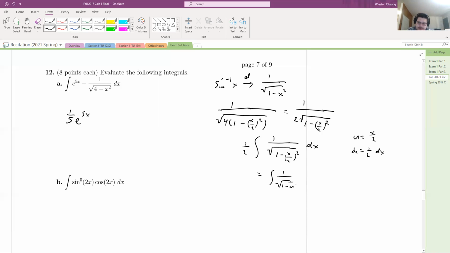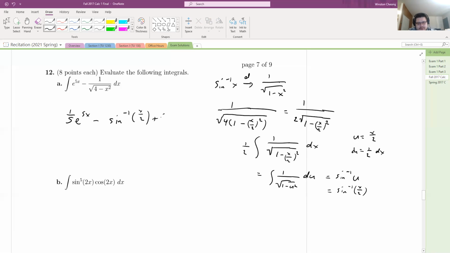Performing the substitution, I'm going to end up with this. And so now we know that this is inverse sine of u, which is equal to inverse sine of x over 2. Okay. And we didn't account for the minus, so the minus is actually there in the answer.